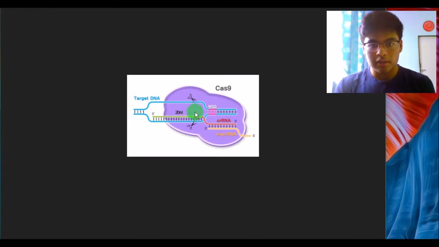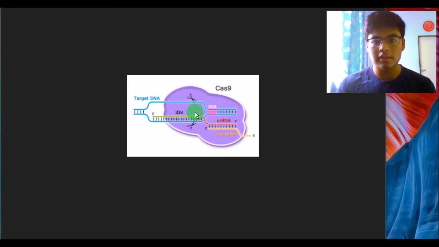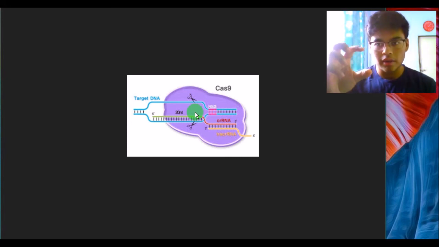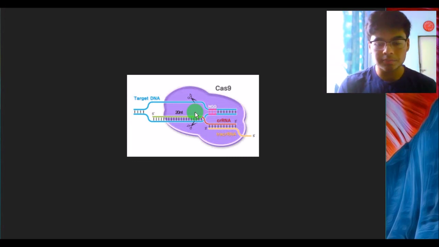Once it's cut, the whole cell is in chaos. The cell wants to rejoin or repair the DNA, and it can do two things. It can either just join the two broken ends together, or it can use other nucleotides lying around in the cell to match the sequence and rejoin the double helix.